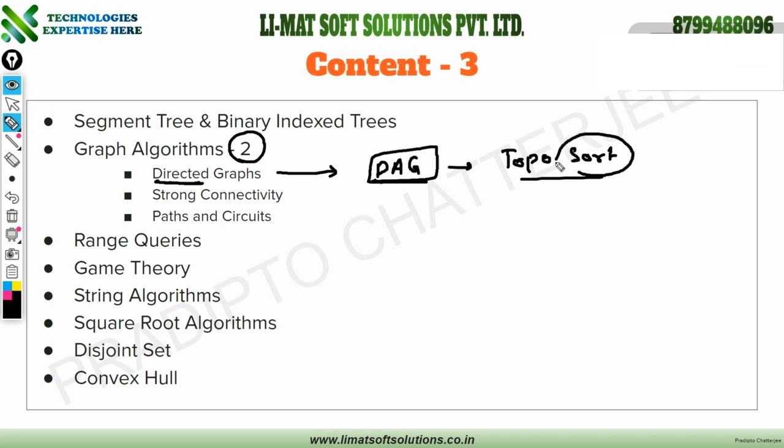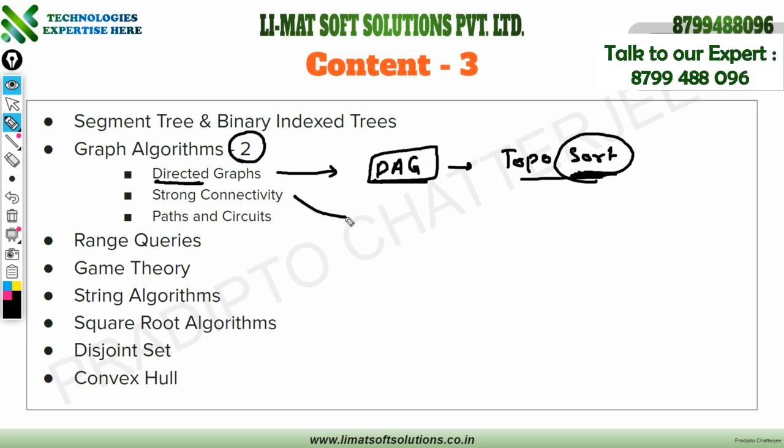Topo sort is not a sorting algorithm. You may wonder about that. It is actually what we call dependency-wise sorting. When I discuss the algorithm, you will be able to understand. But don't get confused. It is not a sorting algorithm. It is a graph traversal algorithm used for directed acyclic graphs.